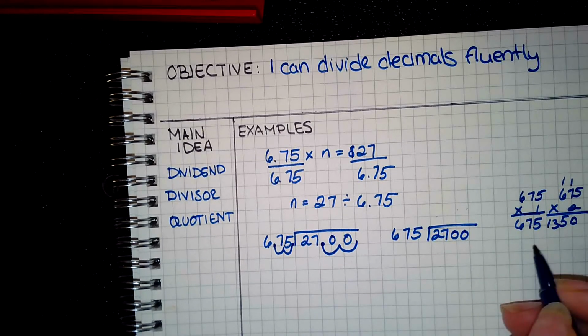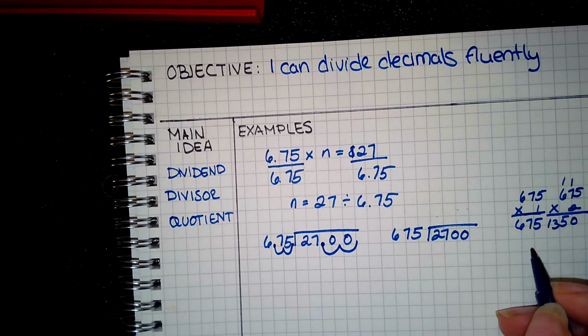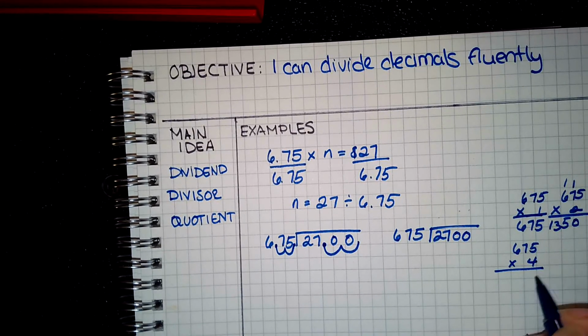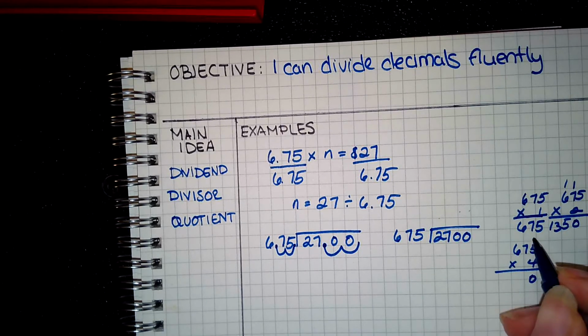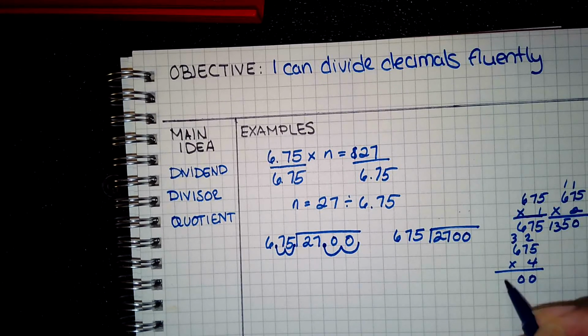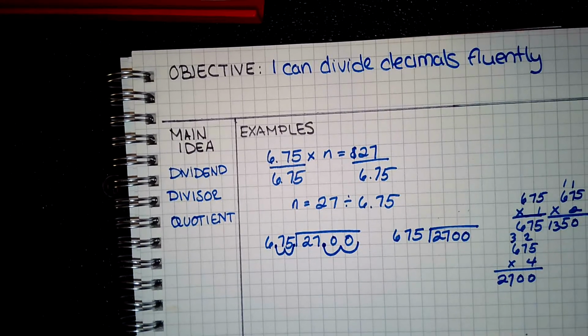1,350. Now I'm going to skip the 3 and go straight to the 4 and see if using that number will get me closer. Carry my 2, 30, and this is 2,700.